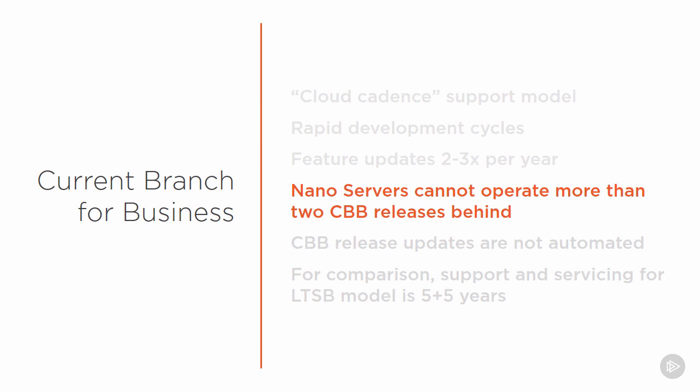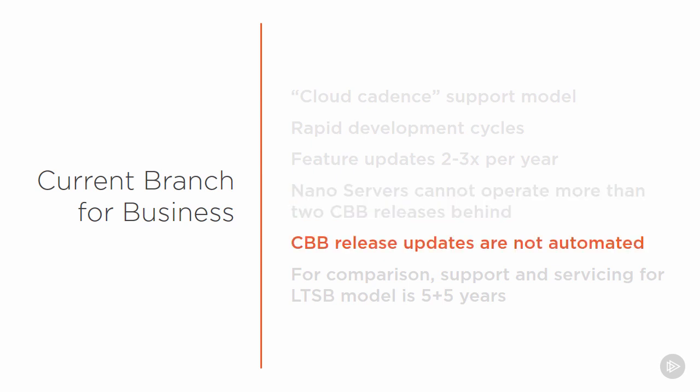And so legally, your licenses, your actual servers there, each Nano server itself, cannot operate more than 2 CBB releases behind. Now, the implementation, the delivery of those CBB release updates is not going to be automated. You'll have to manually update those instances when the releases happen, but you do have to make sure that you are up to that current version if you want to stay within that support model.